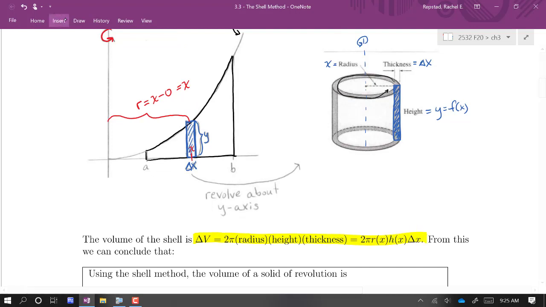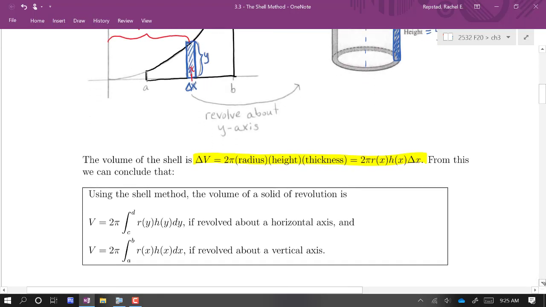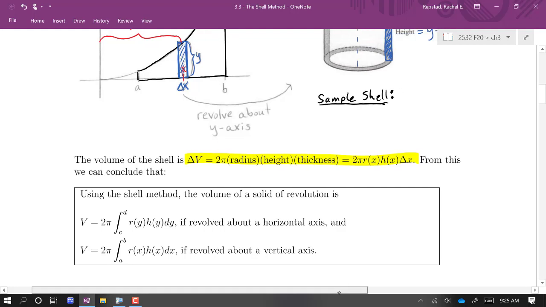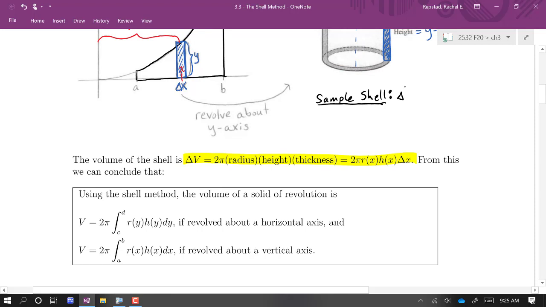If I scroll down, you'll see we have these integral formulas. But when I'm doing a shell problem, finding the volume of revolution by using shells, the one formula I remember and that I use, and I just try to apply it to the actual figure and region that I've got, is that delta V is 2 pi r h times thickness.